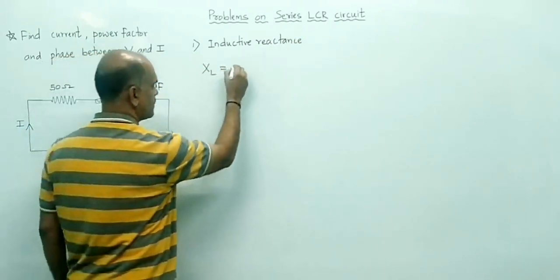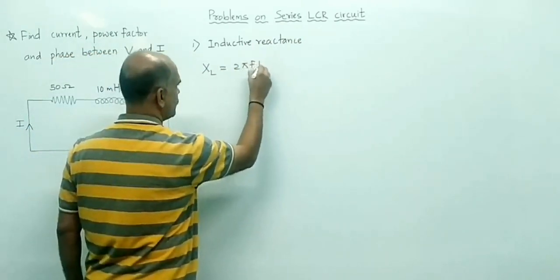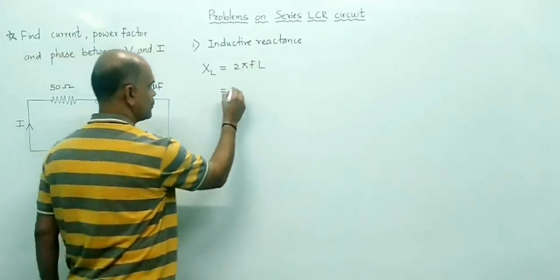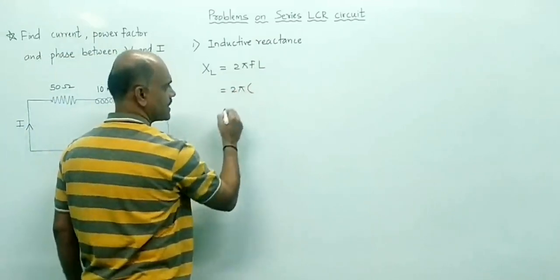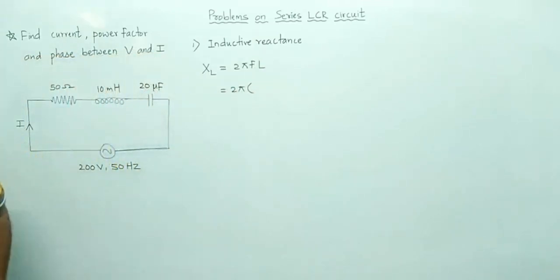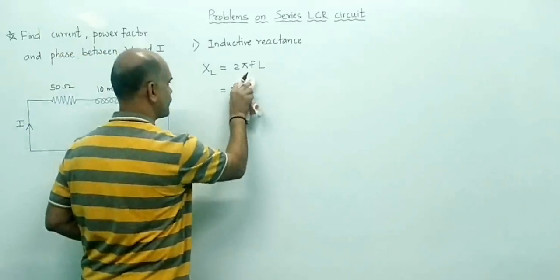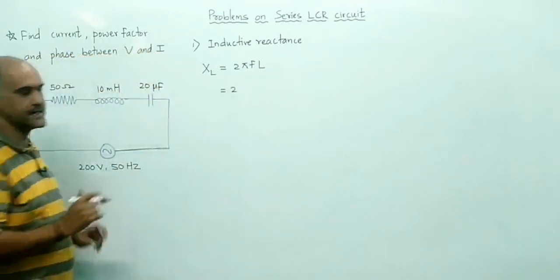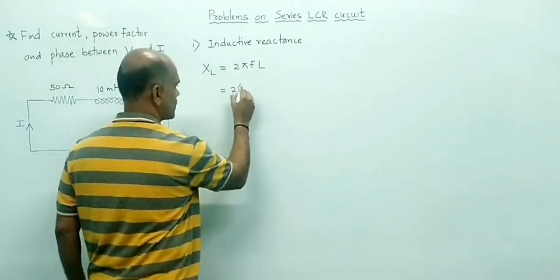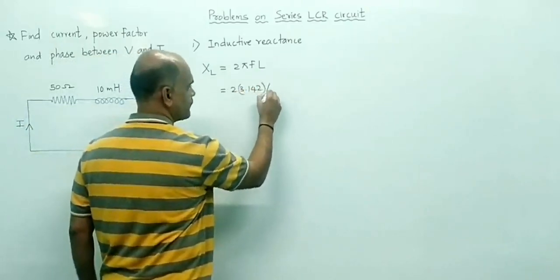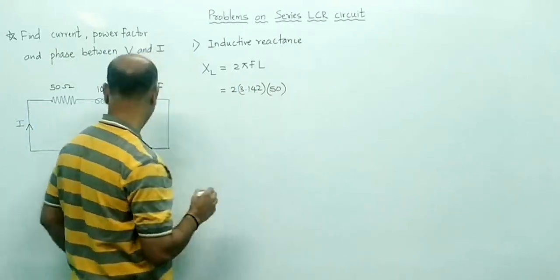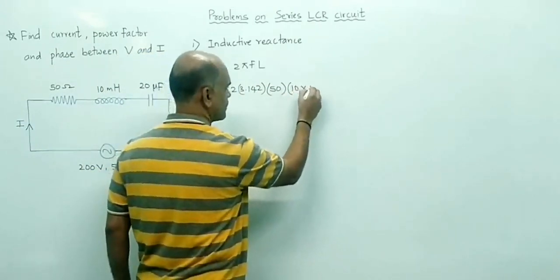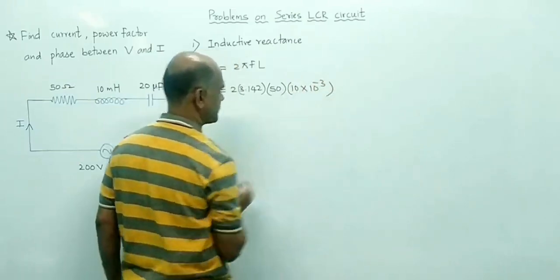XL is given by 2 pi F into L. So if I substitute the values, you can substitute the value of pi as 3.142, frequency is 50, L is 10 millihenry, that is 10 into 10 raised to minus 3.